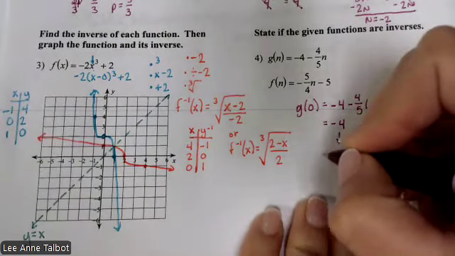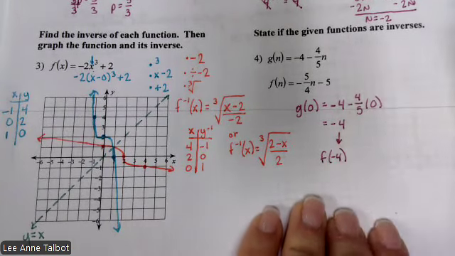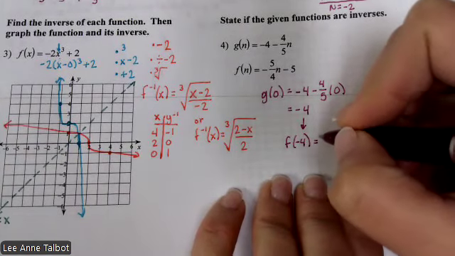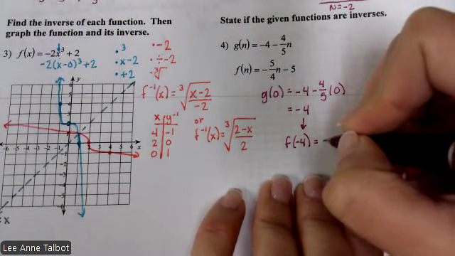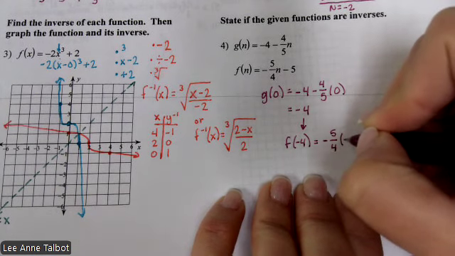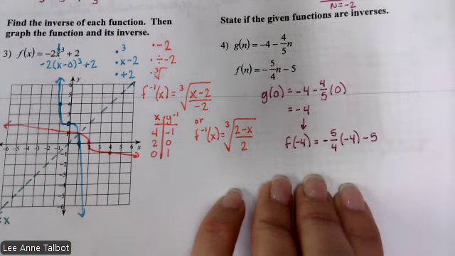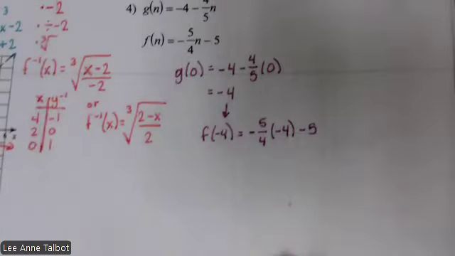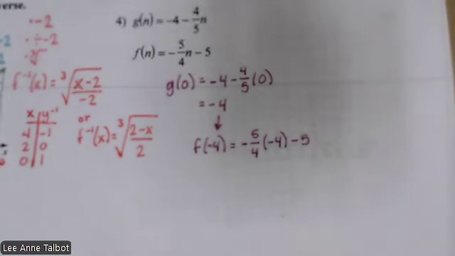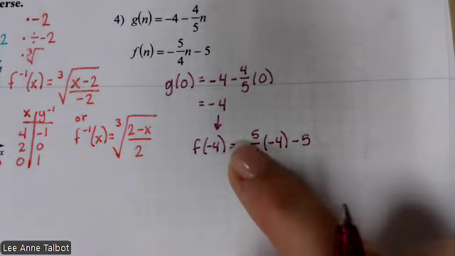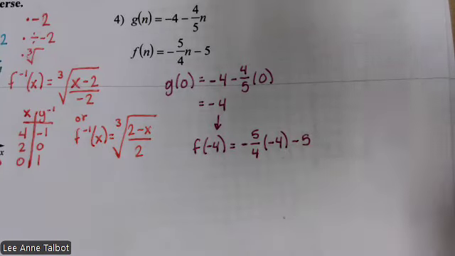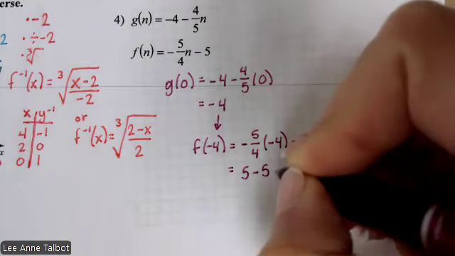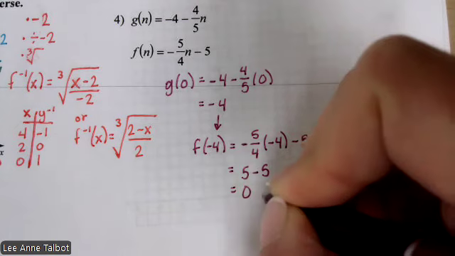Okay, then you drop that into f. Now the fours cancel and the negatives cancel. So you have 5 minus 5, which is 0.